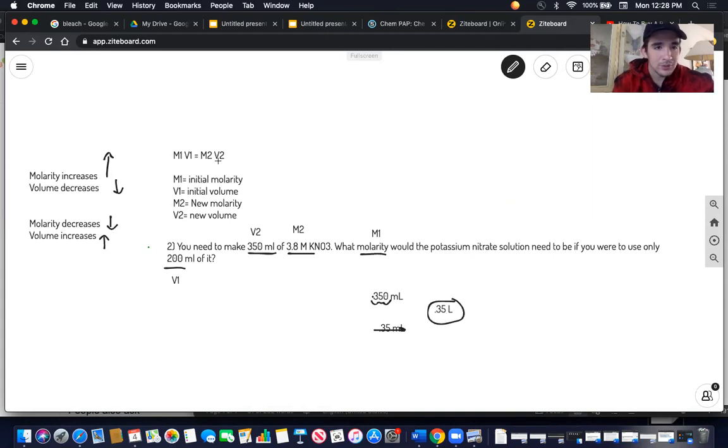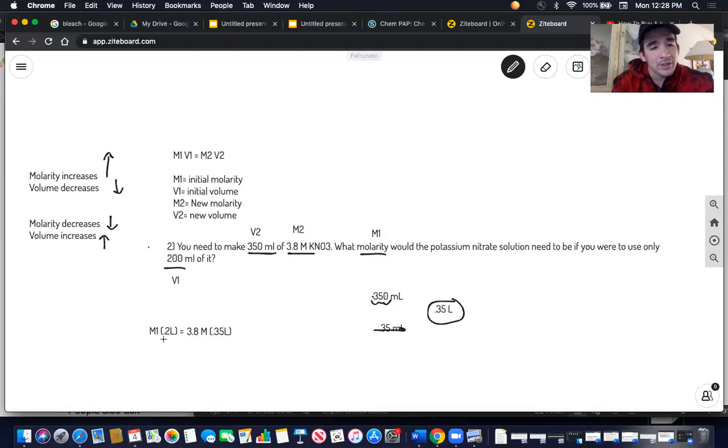Let's go ahead and use our equation, M1 V1 equals M2 V2. So we got M1 times 0.2, which is our V1, because I converted that to liters. I moved that decimal to the left 3 times. 1, 2, 3. And then that's going to give me 3.8 molar times 0.35 liters.